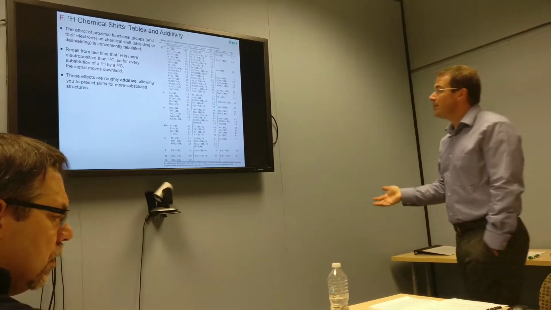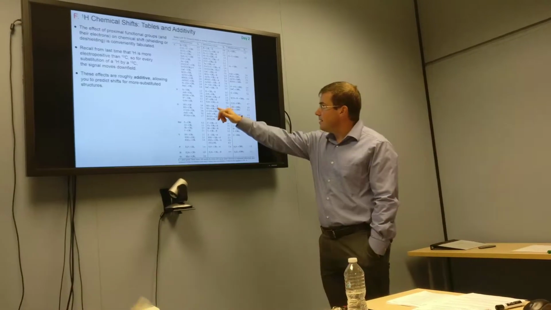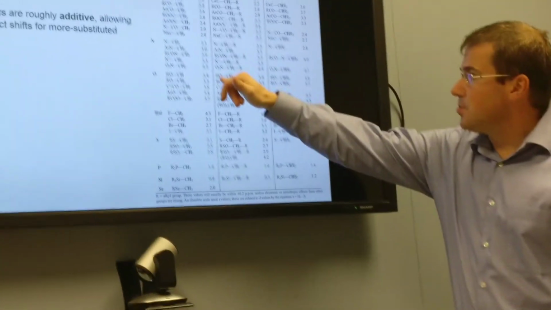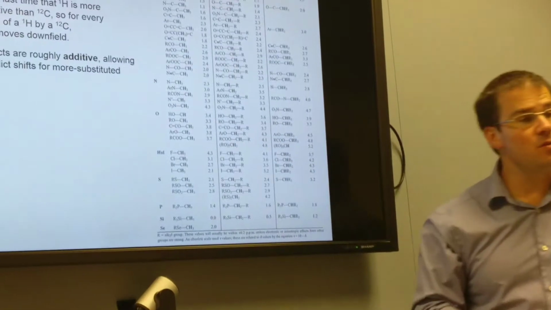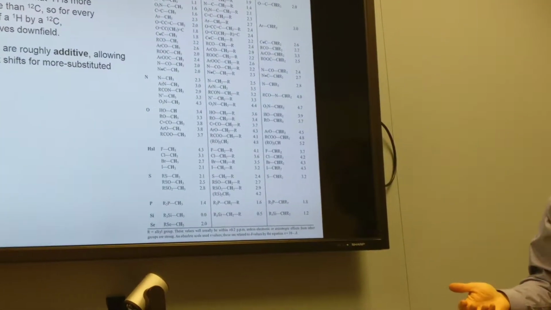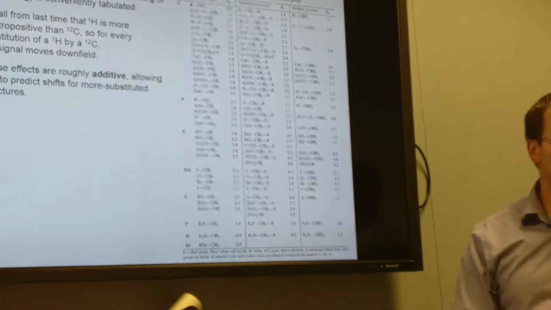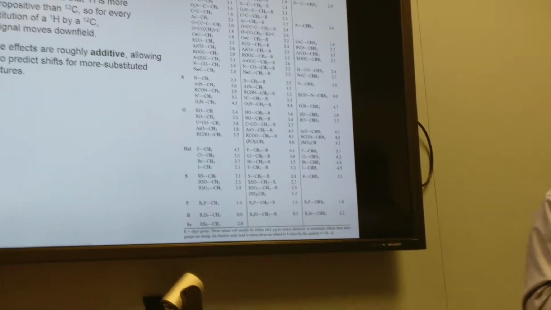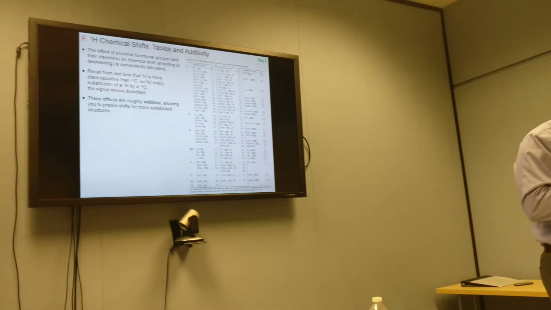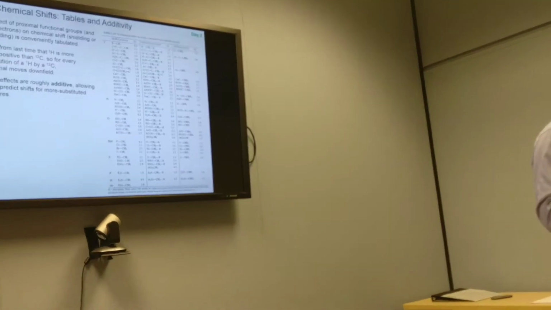Similarly, if you have a methylene, a CH2, next door to an alcohol, you might expect that to appear at about 3.6 parts per million. But if you convert that OH to an ether, then you might expect that chemical shift to move upfield to about 3.4 parts per million.